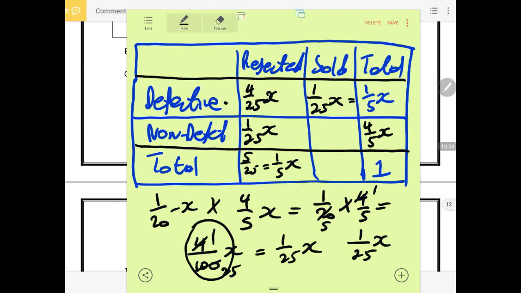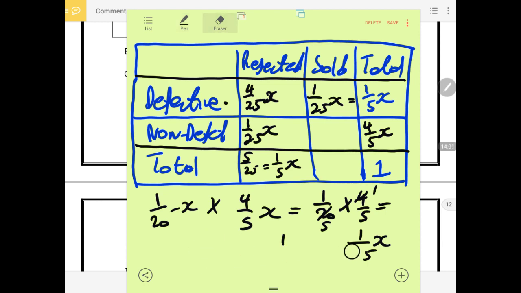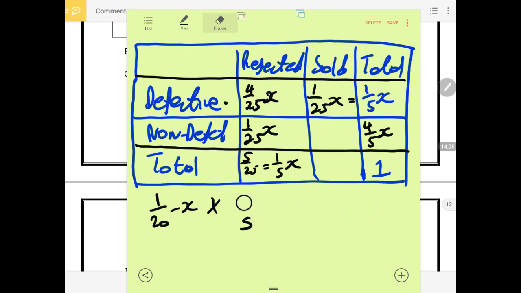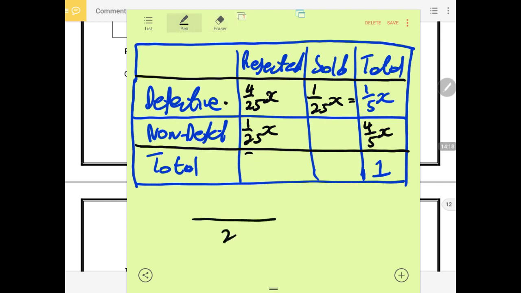I hope you see what I've just done. Remember, when the bases are the same, you keep the base and you just add the numerators.